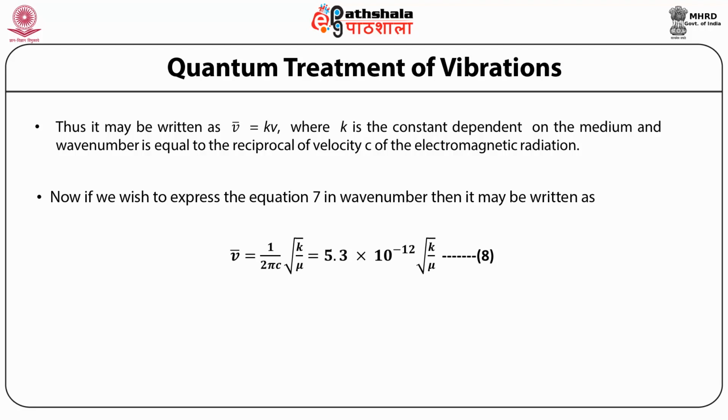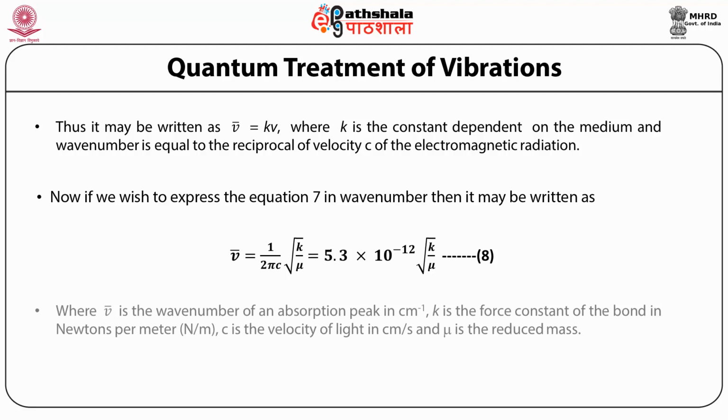This is equal to 5.3 into 10 raised to power minus 12 into root of k by mu, where nu bar is the wave number of an absorption peak in centimeter raised to power minus 1, K is the force constant of the bond in newtons per meter, c is the velocity of light in centimeter per second, and mu is the reduced mass.